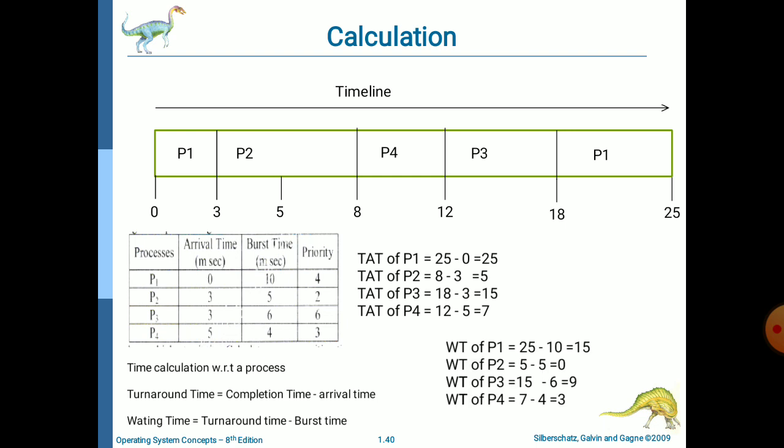Similarly, waiting time is calculated, which is nothing but turnaround time minus burst time. P1 burst time is 10, so its waiting time is 15. P2 burst time is 5, so its waiting time is 0, because it appears and gets the CPU at the same time.